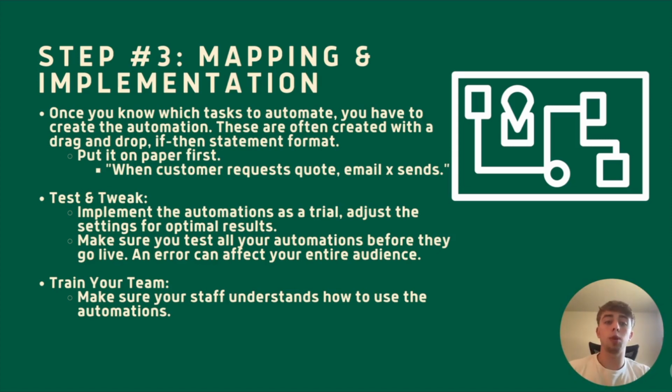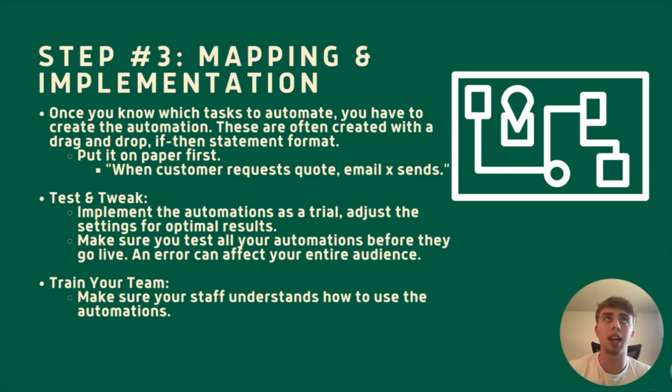Now, all software is different in how you set up your actual automations. So you're going to need to learn the UI, which is the user interface of your specific software. But I'm going to show you today how I do it in the software that I use. This is likely going to be different for you, but conceptually it remains the same.